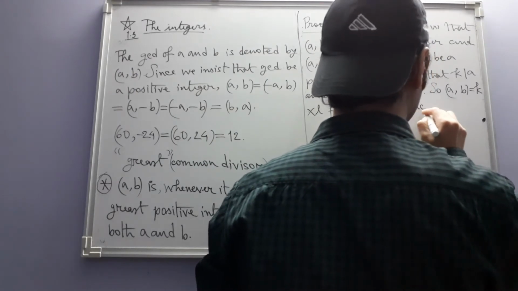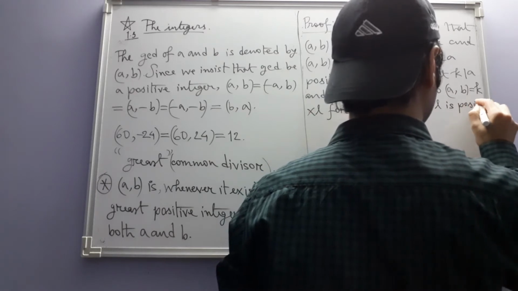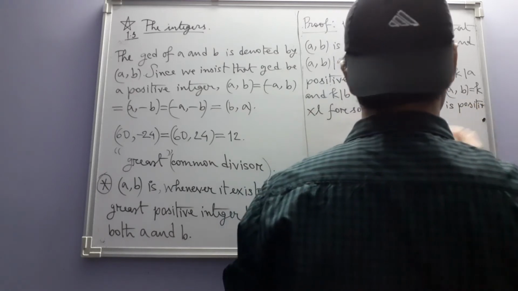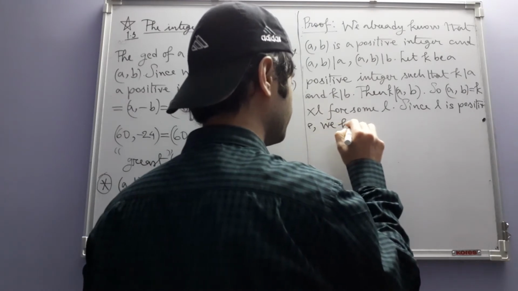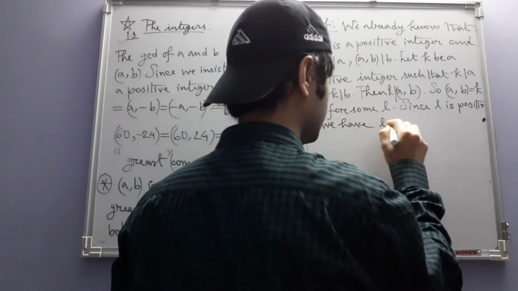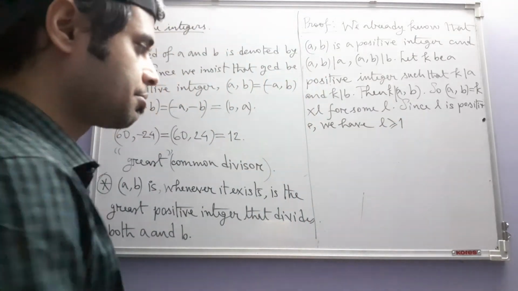Since L is positive, we have L is a positive integer, so that means it's greater than or equal to 1. 1 is the least positive integer.